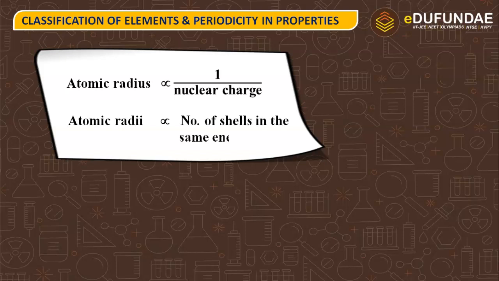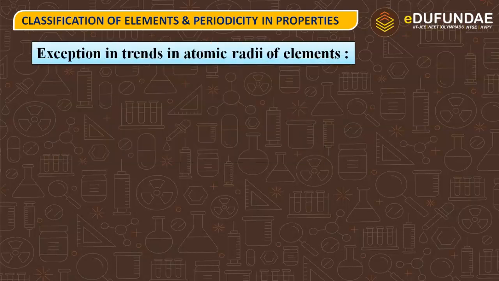And when we talk about the trend of atomic radii along the group, then we can say that atomic radii is directly proportional to number of shells in the same energy level. जैसे जैसे number of shells increase करेंगे, वैसे ही atomic radius also increase करेगा.